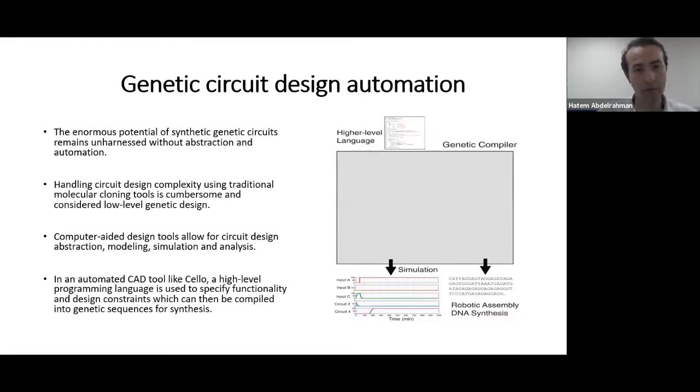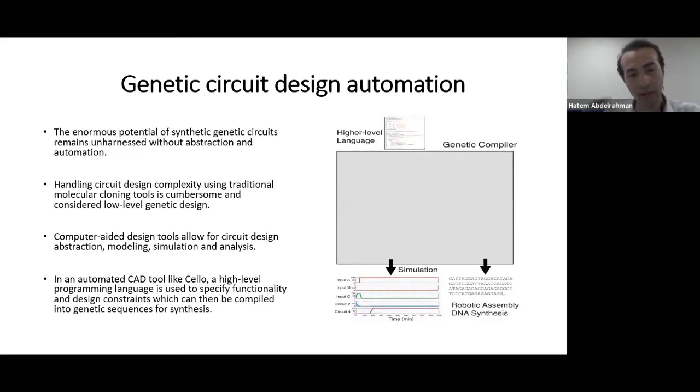To couple these genetic modules, you need tools to couple them, predict their behavior, and automate this process. So we have enormous potential of synthetic genetic circuits, and to harness this potential, we need more abstraction in our genetic design workflow and more automation.